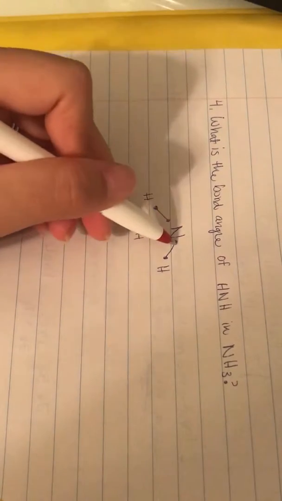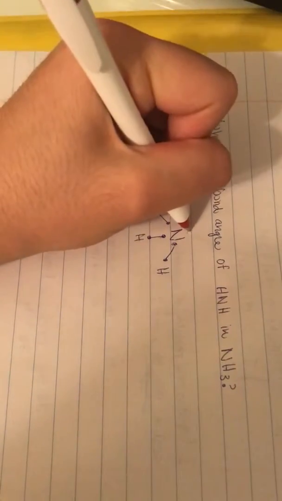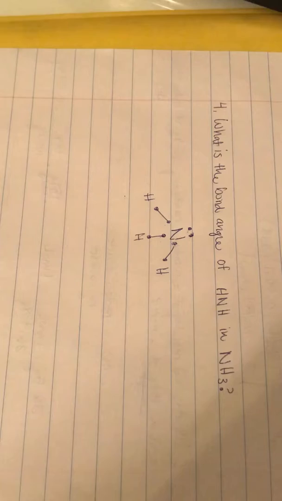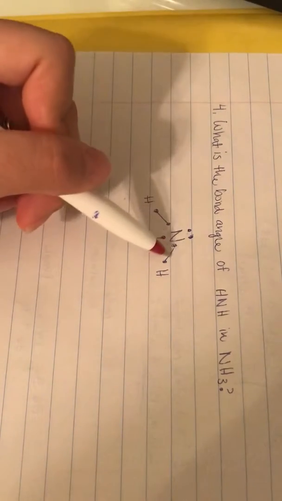Each H is only supposed to have 1 electron because it has a valence of 1, so all of the H's are fulfilled, but nitrogen has 1, 2, 3, so we need to add a lone pair to make the valence equal to 5, and this still fulfills the octet rule because it's 1, 2, 3, 4, 5, 6, 7, 8, because you would count both electrons in the bond.